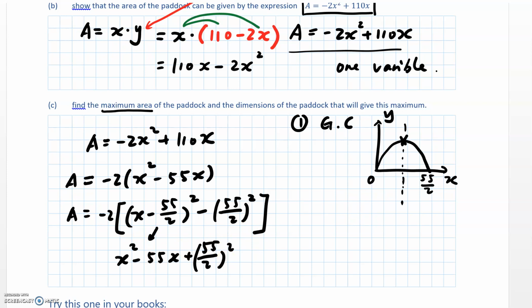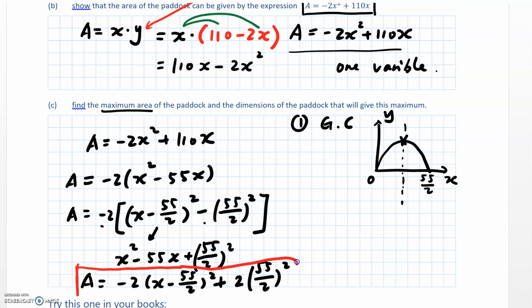Then if I open it, I have A equals negative 2, x take 55 over 2 to the power of 2, plus, because it's negative 2 times a negative, it becomes plus 2 times 55 over 2 to the power of 2. So we end up with an expression like this.